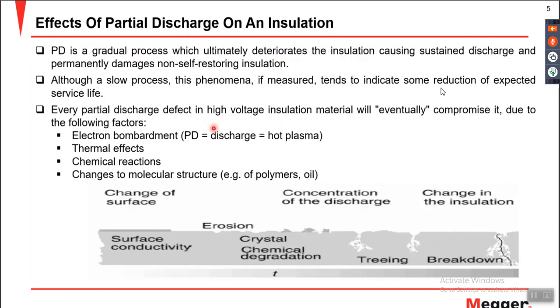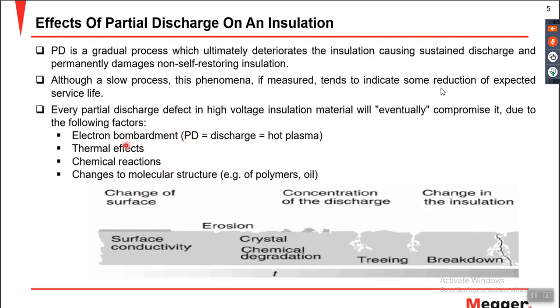Although this process is really slow, if this phenomenon is measured, it tends to indicate that it will reduce the service life of the electrical asset or gas insulated switchgear. So how is it reducing the service life of the gas insulated switchgear? There are several factors that are explained here.